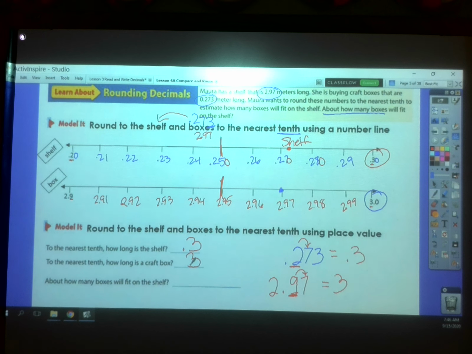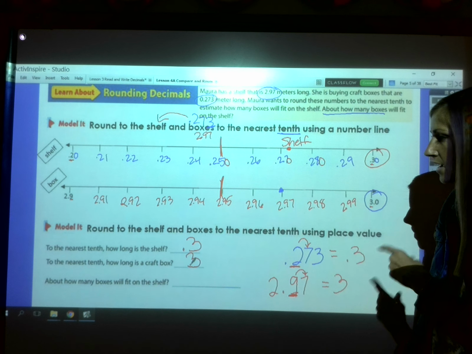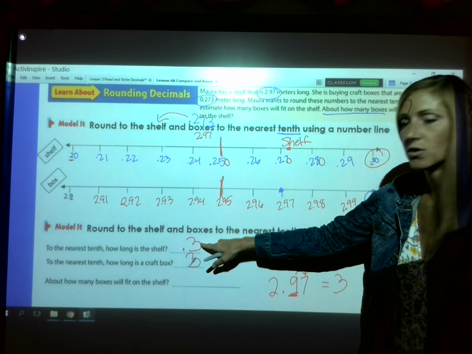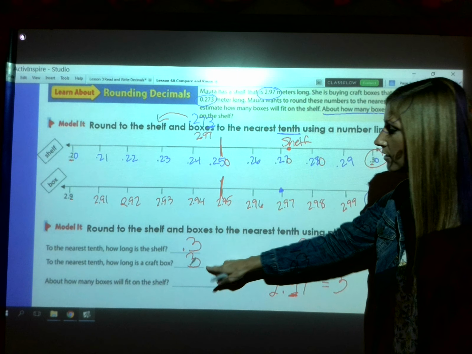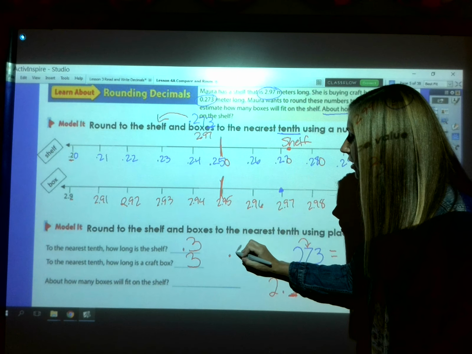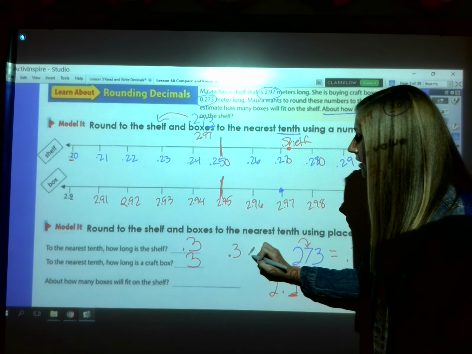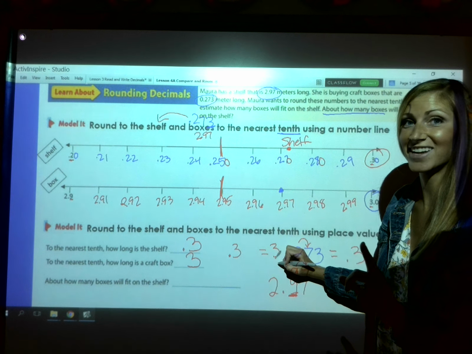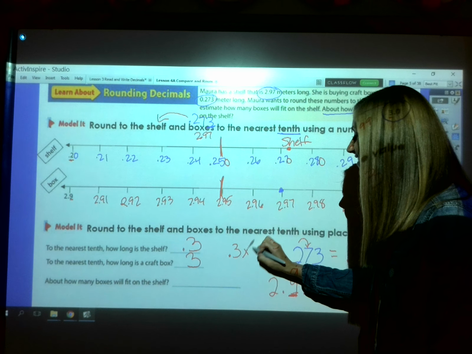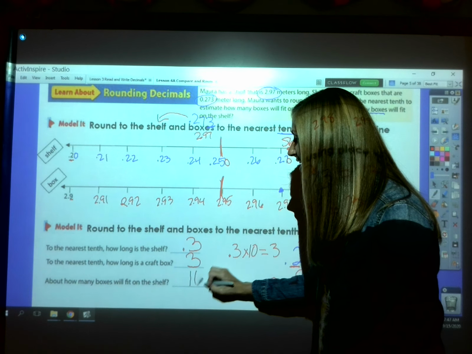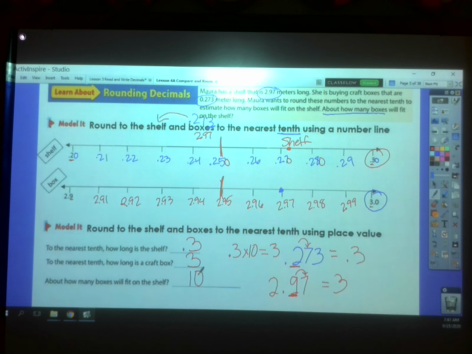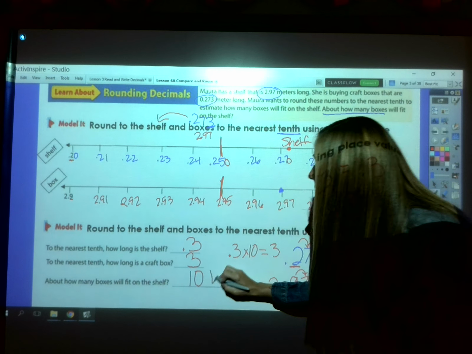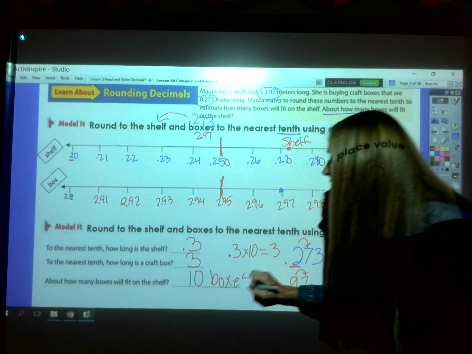And so if you think of your powers of 10, how many of these would it take to get to this one? So think about it as an equation. We have 3/10. How many is it going to take to get to 3? Powers of 10? Yeah, 10 of them. We can put 10 boxes on the shelf. And always big labeling so we know what we're talking about value-wise. 10 boxes.